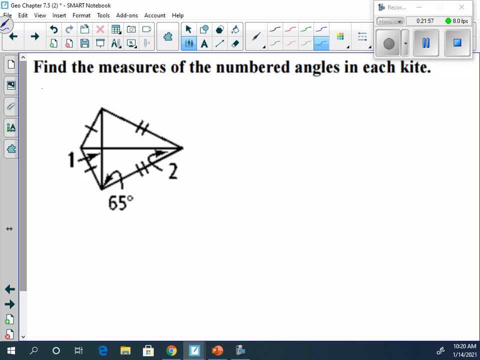This one here is only asking for two angles, the measure of angle 1 and the measure of angle 2. Is there one of those angles that we can find without calculating anything? What is it? 90.